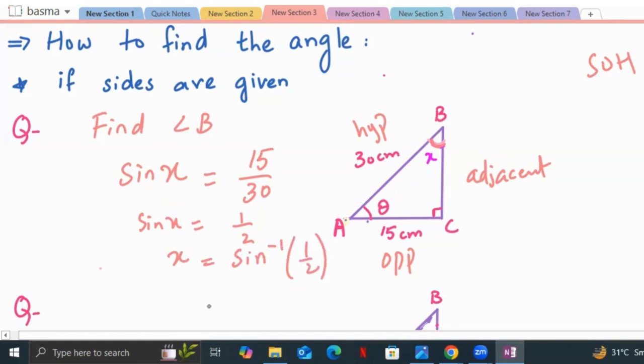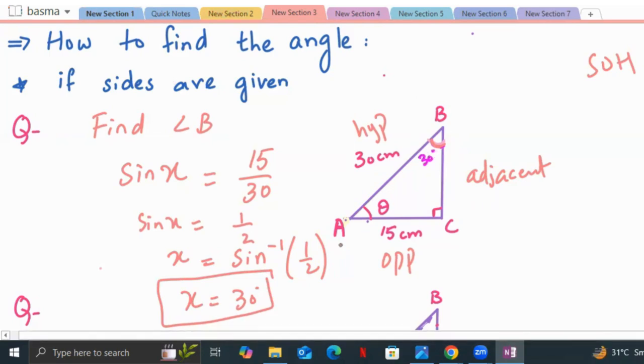When you put it in the calculator and find the sine inverse of 1 by 2, you will get x to be 30 degrees. So your x is 30. So this angle x is 30 degrees now.